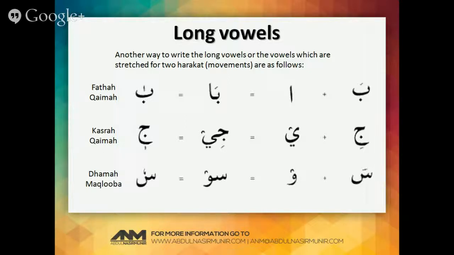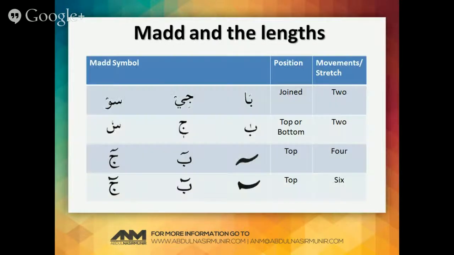Then we have the second line, ji, and again in the same line, ji with the kasra qa'ima. Then we have the third line, su, and su with the dhamma maqluba, which makes two harakat. Now this is just a quick recap, so I can use this in the table here. In this table, in the first line we just read ba, ji, su.